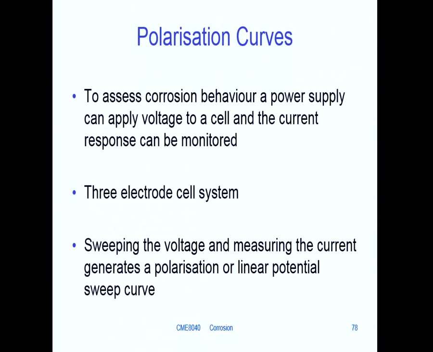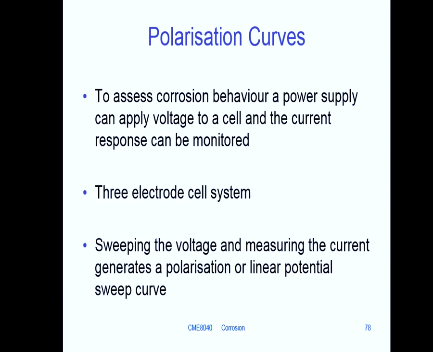It's a way of getting accelerated data about how your steel behaves in an environment across a range of potentials. You've got to be a little bit careful about how much you accelerate the data, because the faster you sweep the voltage range, the further away from equilibrium you are.